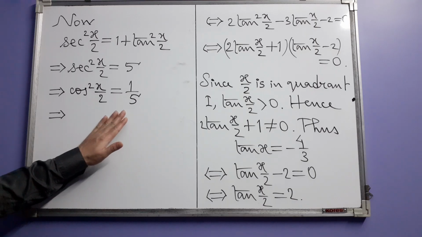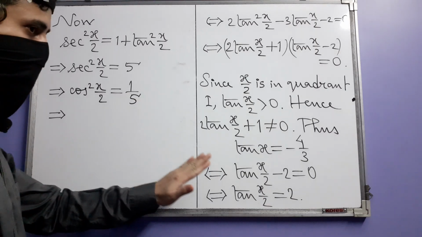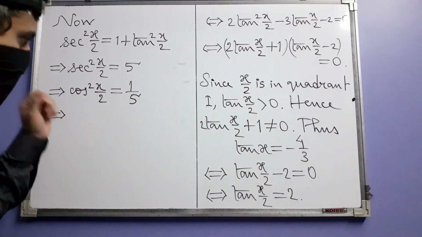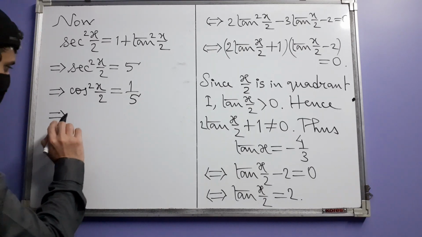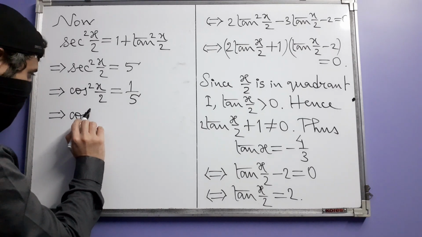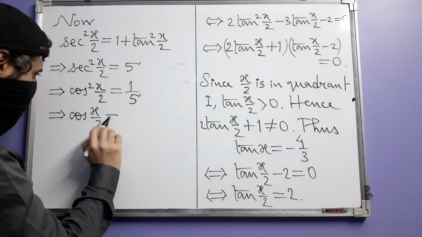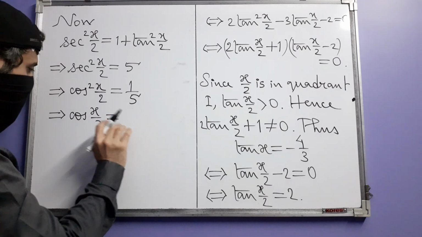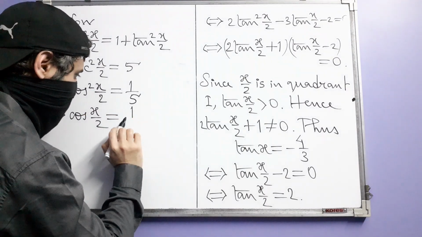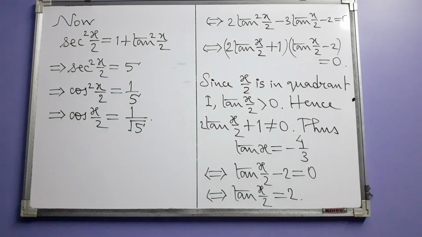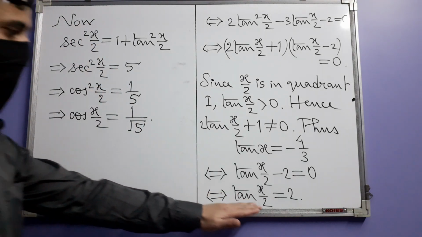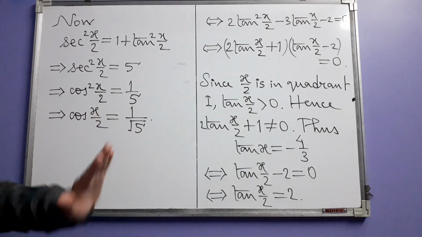Again, let us recall that since x over 2 is in the first quadrant, all trigonometric values are positive. And that's why when we take square root, there's no need to write plus or minus, it is plus. Okay, so besides tan x over 2, we have also found cos x over 2.